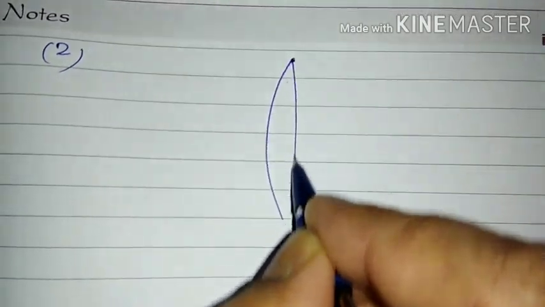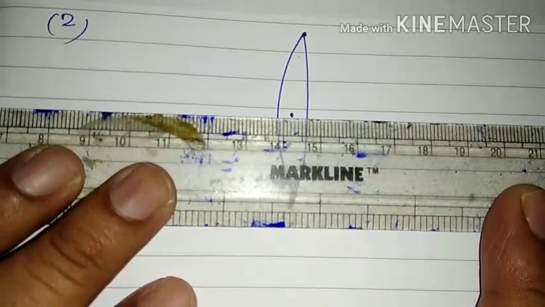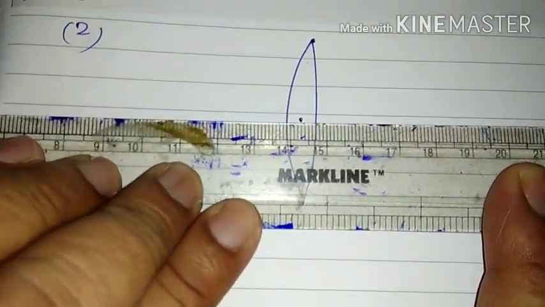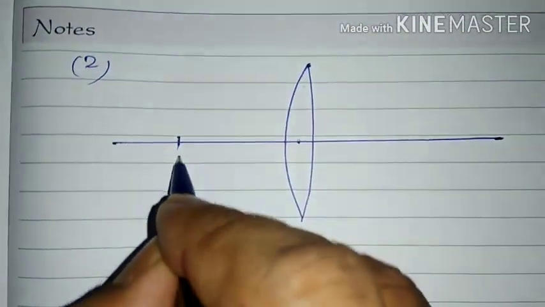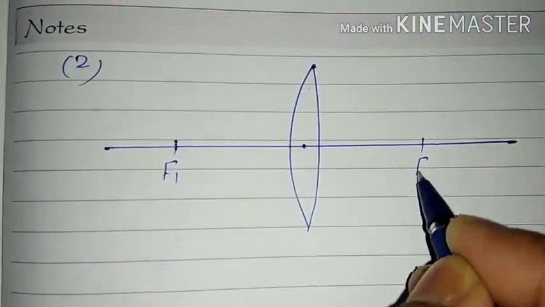Suppose we have a convex lens. This is our convex lens. This is optical center. This is principal axis. What happens in this case? Suppose this is focus 1. This is focus 2.